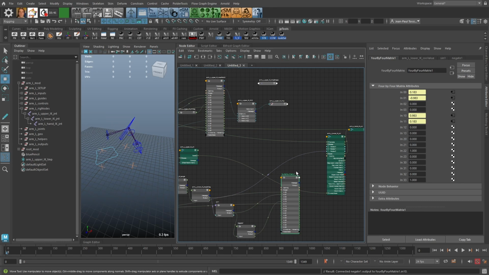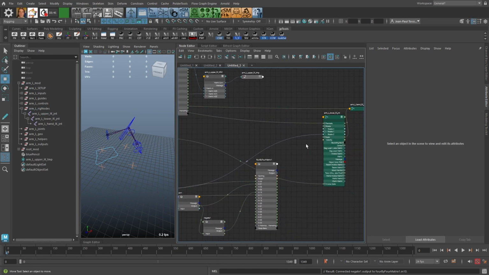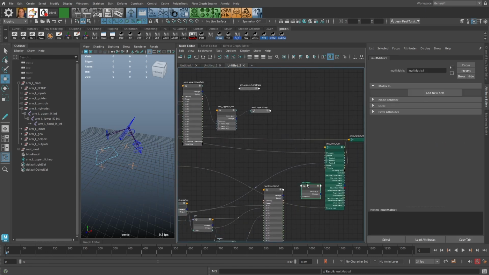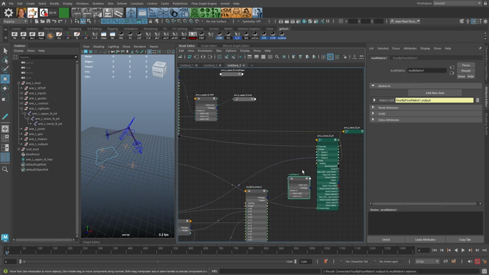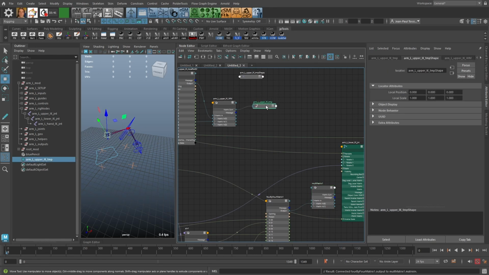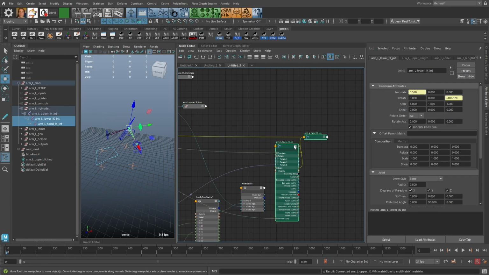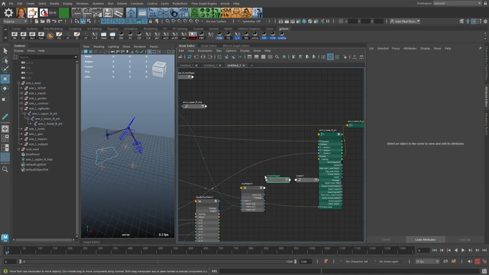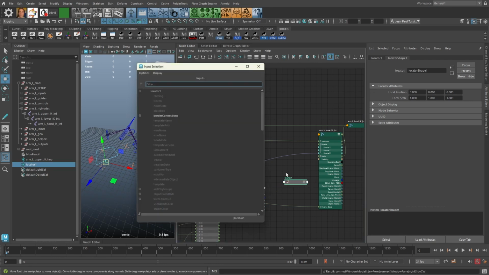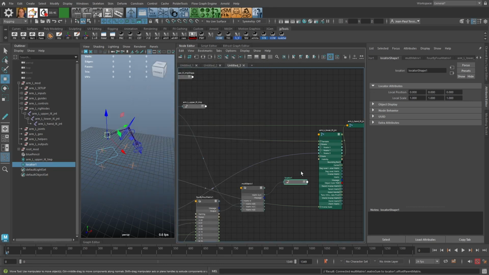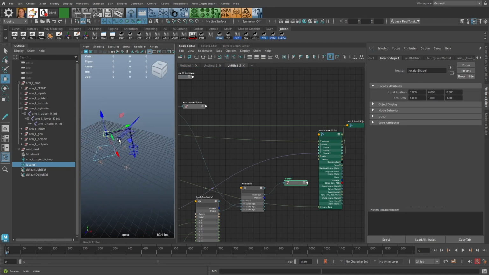So if, for example, I would create now the matrix multiplication node and plug in the rotation matrix we created, and then take the world matrix of the locator, which is its parent, plug it into the second plug, and if we now create another locator, and we take the matrix sum and put it in the offset parent matrix, you will see that the orientation is correct, but it's at the wrong position.